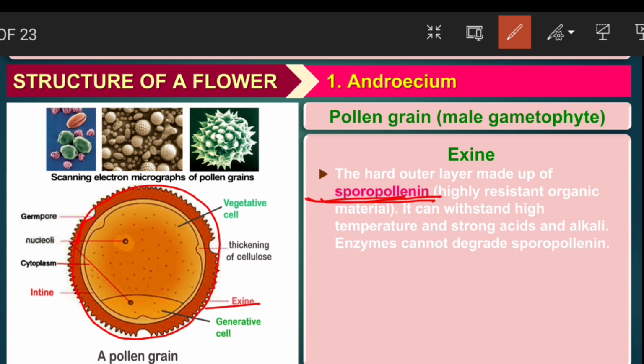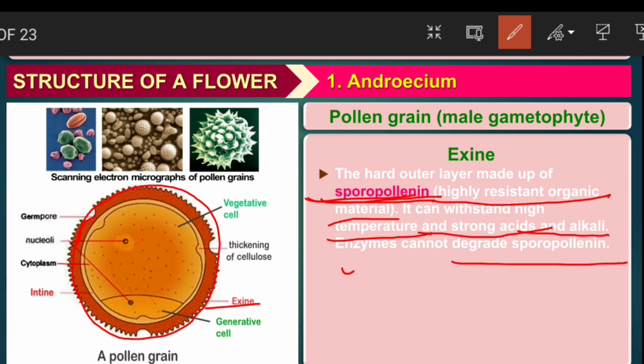Now what is the specialty of sporopollenin? It is highly resistant to organic material. It can withstand high temperature, strong acid, and even alkali medium. Even enzymes cannot degrade sporopollenin, because during pollination, when the pollen grains fall on the stigma, fertilization does not take place all of a sudden.